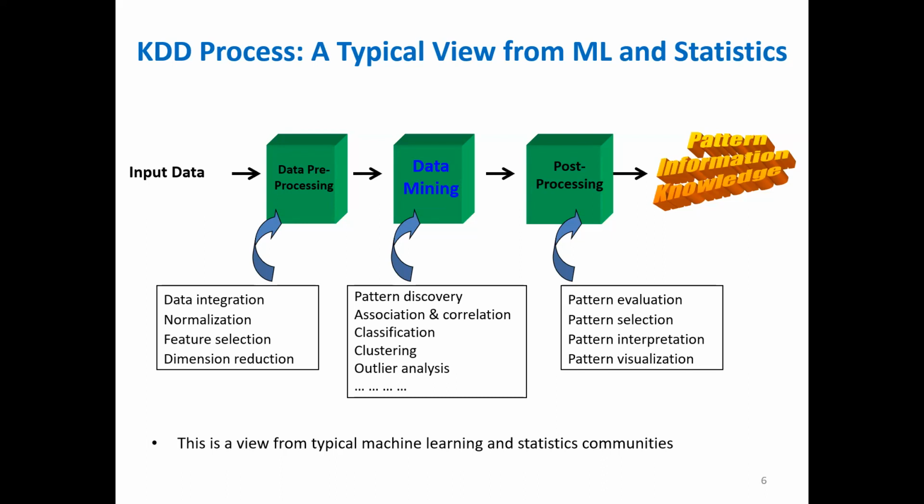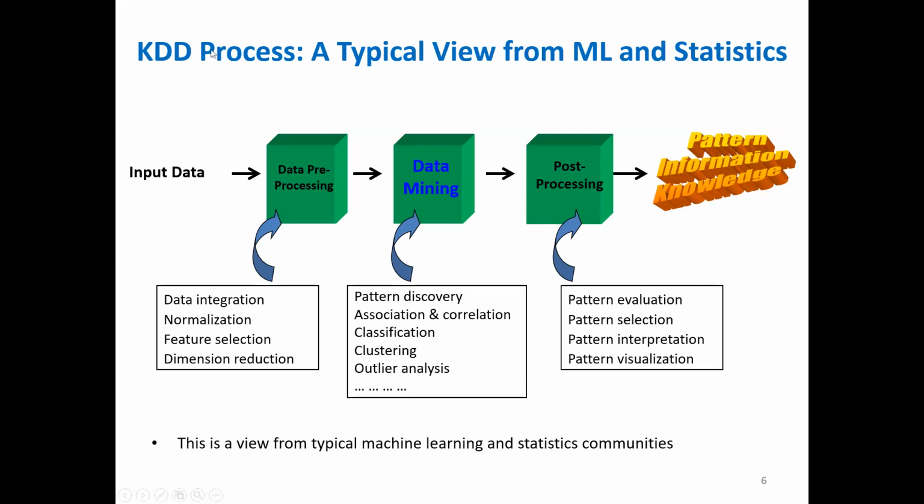There are some algorithms available for feature selection. Now, dimension reduction: there are two types of dimension reduction, one is row-wise reduction and the second is column-wise reduction. We can do these two types of reductions, and there are some inbuilt algorithms available for dimension reduction also.